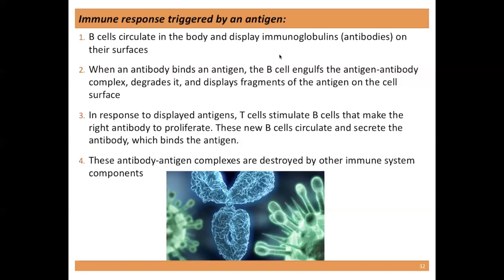So again, in our poor analogy, you'd see a fighter pilot that has lots of different planes on his plane, and then you clone that pilot, because you know that pilot's really good at taking down foreign invaders. And then those new B cells, or these new pilots, will circulate and release that antibody, which will again bind the antigen.